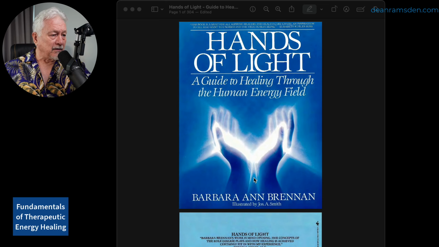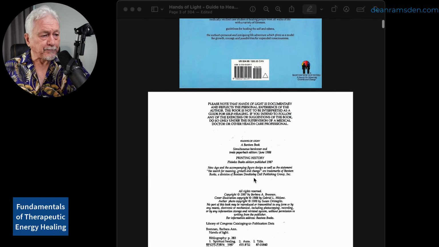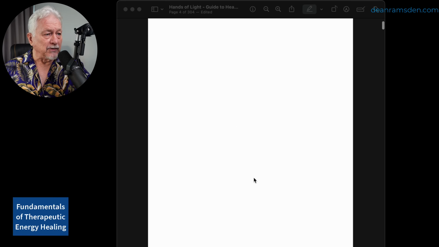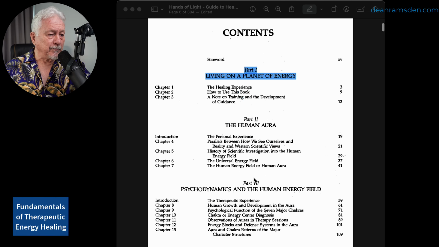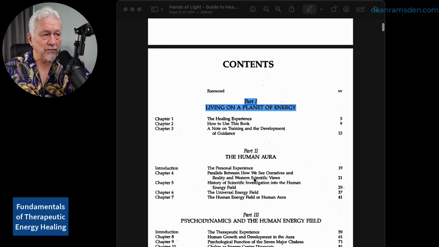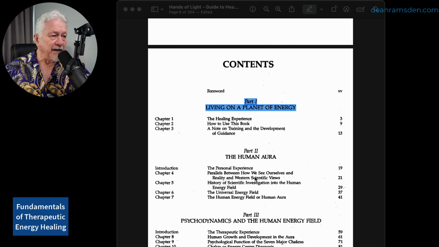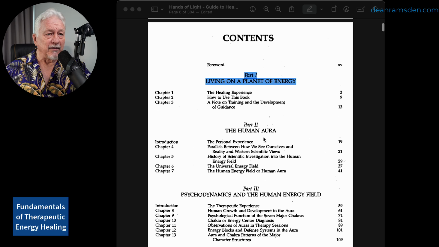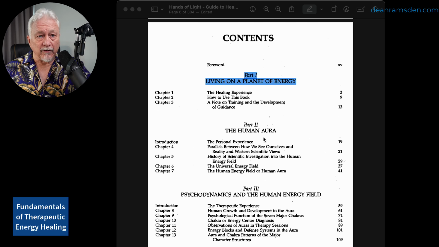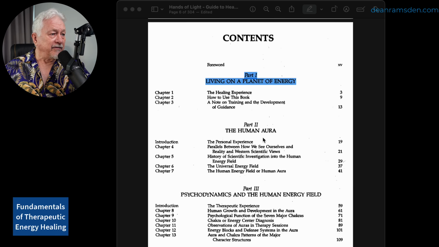I'm using a PDF copy that I made from my original book. So we're here at the table of contents, and this gives us an overview of the territory. So Barbara organizes this book, Living on a Planet of Energy.